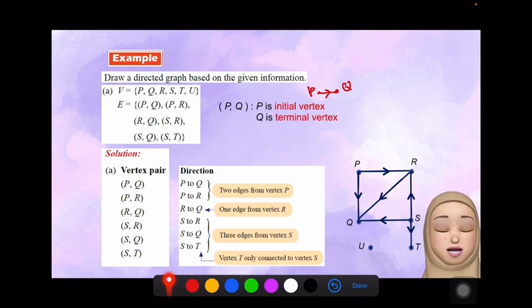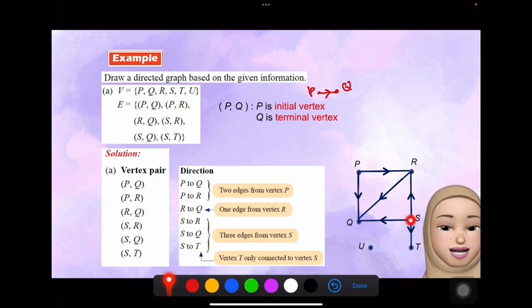That means the direction is from P to Q. PR means the direction is from P to R. So based on the example, we have two edges from vertex P. How about RQ? RQ means the direction is from R to Q. So there is only one edge from vertex R. How about SR, SQ, and ST?